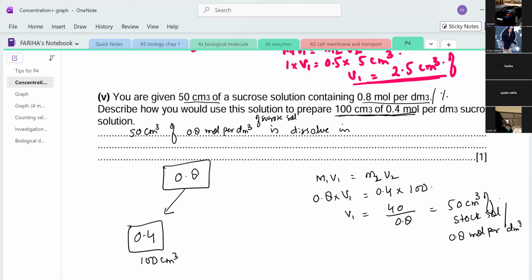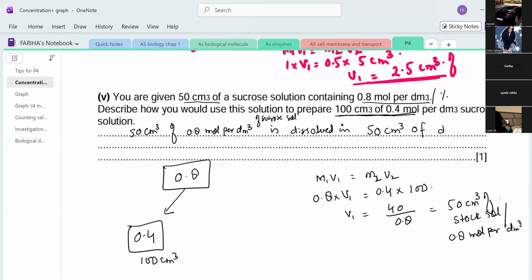What should be the final volume? 100 cubic centimeter. So how much volume of distilled water should be taken? 50 cubic centimeter of 0.8 mole per dm cube sucrose solution is dissolved in 50 cubic centimeter of distilled water. Very good, excellent.